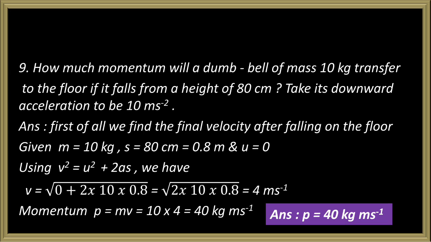So here first of all we find the final velocity after falling on the floor, given m equal to 10 kg, s equal to 80 cm which is 0.8 meter, and u equal to 0, using v square equal to u square plus 2as, and after putting the values we get the final velocity 4 meter per second, and momentum equal to mv. M is 10, v is 4, so the momentum is 40 kg meter per second.